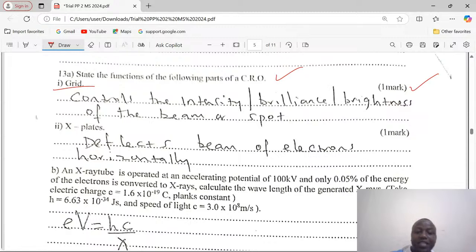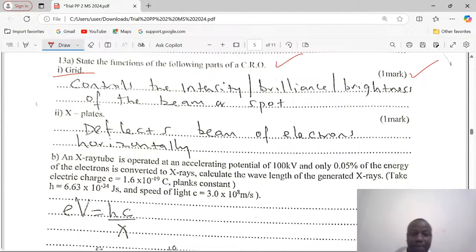When the grid is made more positive, more electrons will be attracted, being of opposite charge, and hence a brighter spot shall be seen.